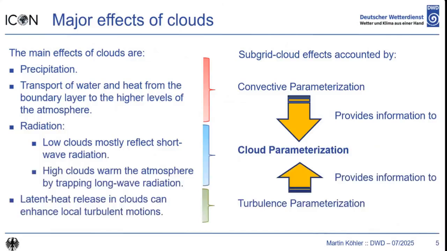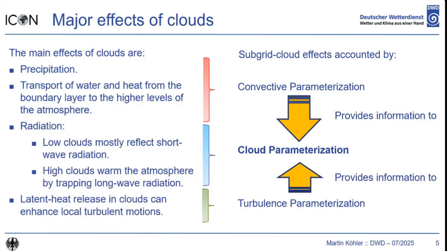What do you expect? The effects of clouds and precipitation are all pretty obvious: transport of heat and moisture upwards, and impacts on radiation. Low clouds cool the Earth, so maybe we would like to have more low clouds.